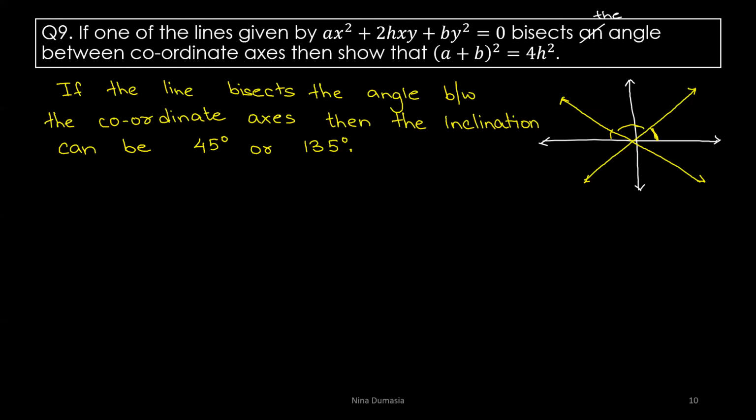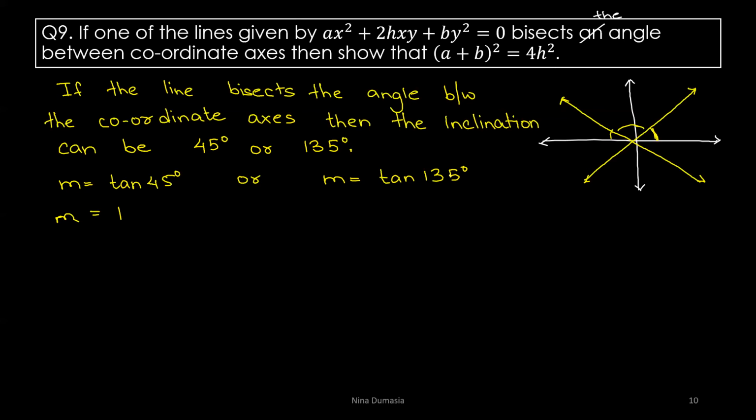So let us find out what the slope will be. Here m therefore will be equal to tan 45 or it can be equal to tan 135. Now tan 45 is equal to 1 and tan 135 is actually equal to tan of 180 minus 45.